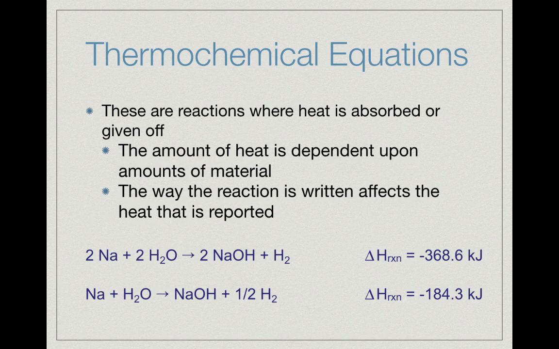Well, it turns out if I calculate the delta H reaction for that reaction as written, since I have half the amount of material, I also have half the amount of heat, and so the delta H reaction there is going to be equal to negative 184.3. So how we write our reactions is very important, and this is what makes enthalpy an extensive type property.